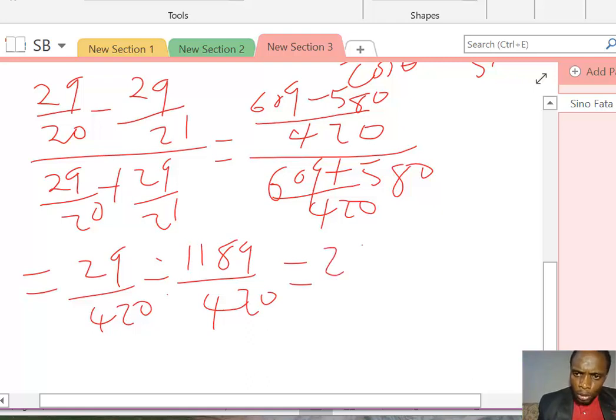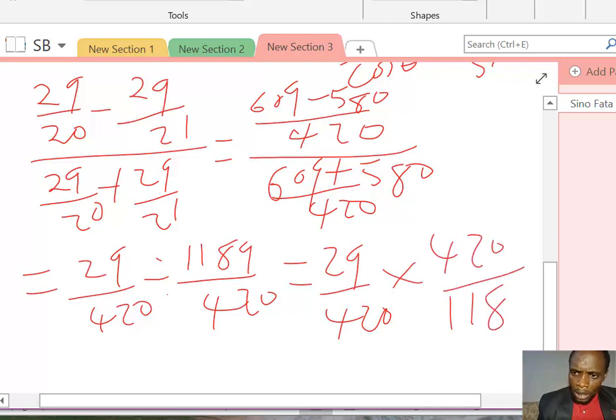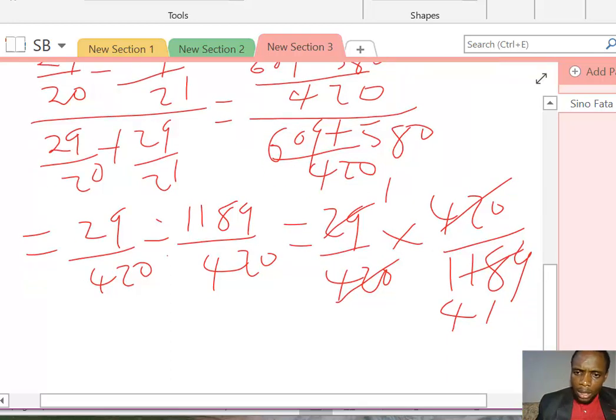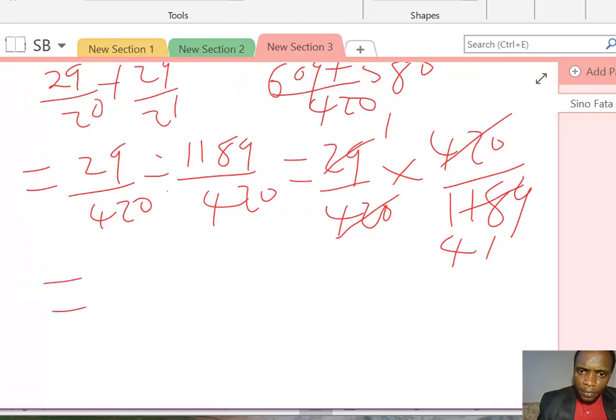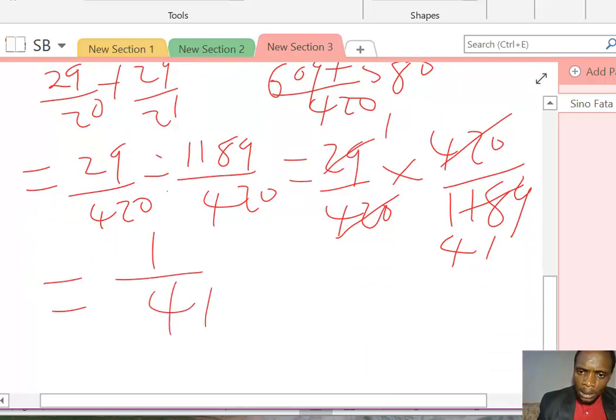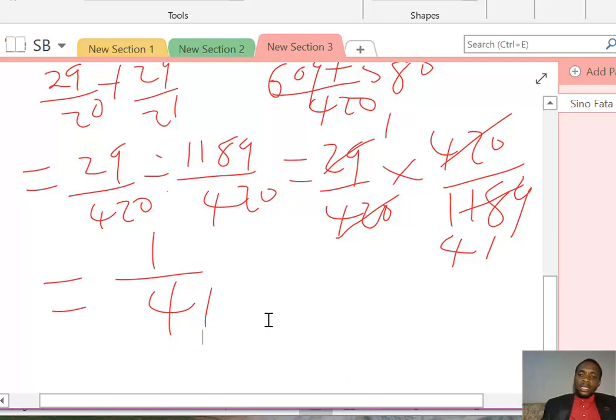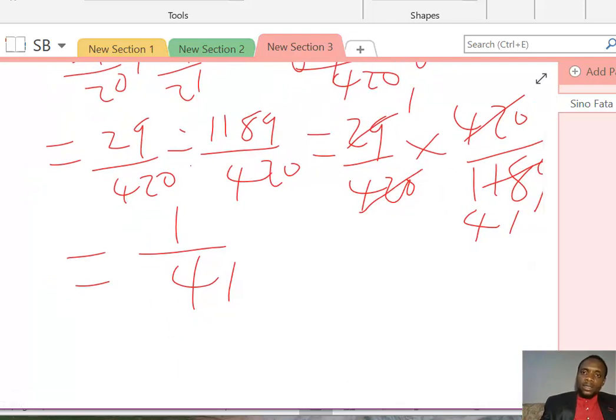If you change this division to multiplication, you have 29 over 420 times 420 over 1189. 420 cancels 420, and 29 here, 1, 29 here gives us 41. You punch your calculator, please. So meaning our answer will be 1 all over 41. That is the final answer for that.